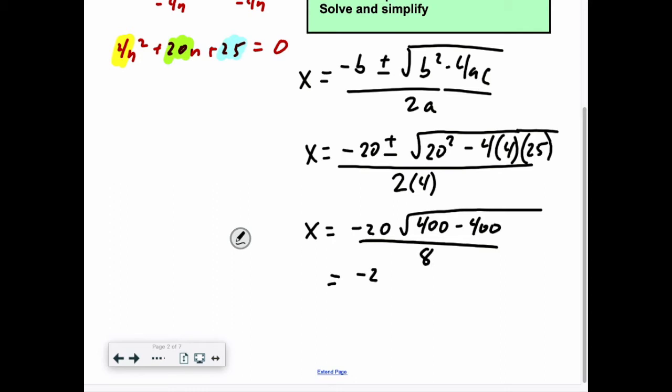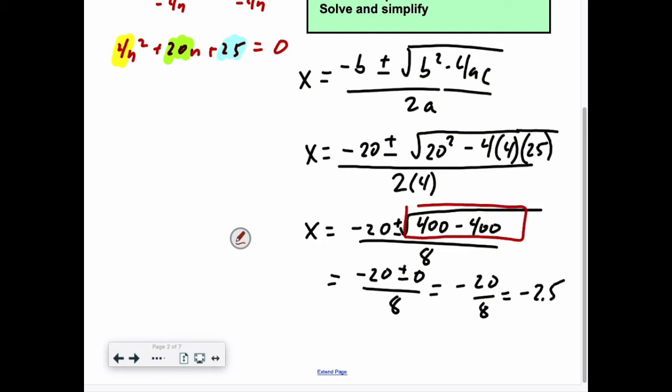So that means negative 20 plus or minus 0 over 8, negative 20 over 8, so negative 2.5. And that'll be our only answer here. We only have one answer because the part under the radical cancels out.